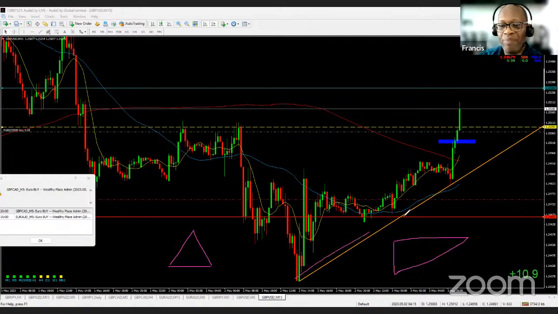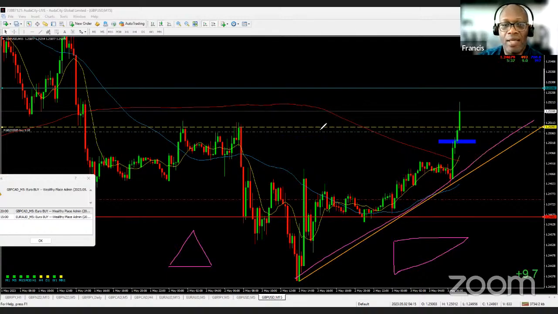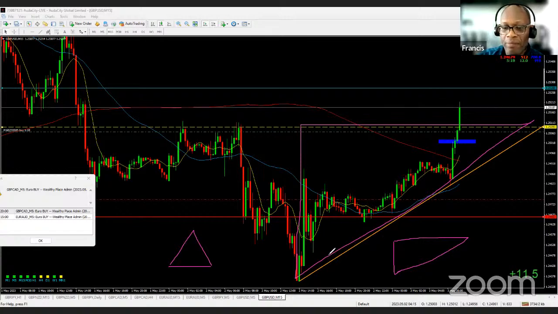So that's what we are seeing here. We see this part of it. You can see this shape is what we're looking at here. The price is gradually pushing up higher and higher.